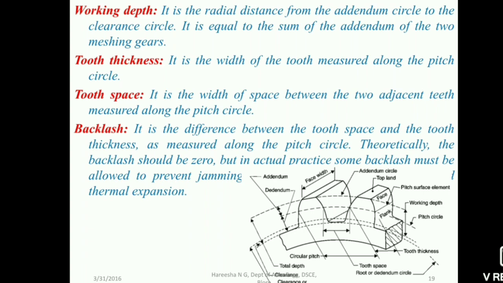Backlash. Backlash means, when two gears are meshing with each other, the difference between the tooth space and tooth thickness. This is the tooth space, this distance. Similarly, when a gear is coming from above and meshing here, the tooth thickness of that gear and the tooth space of this gear, the difference between those two is the backlash.